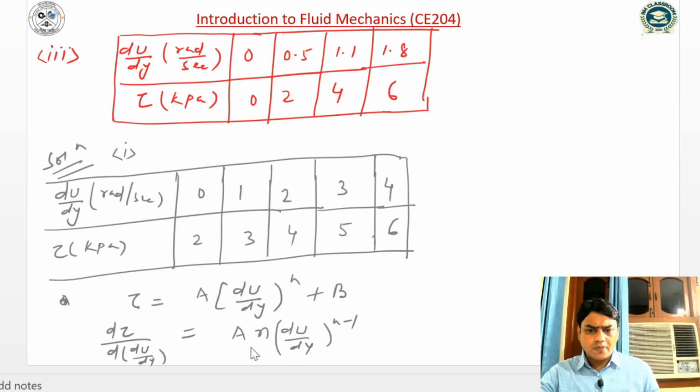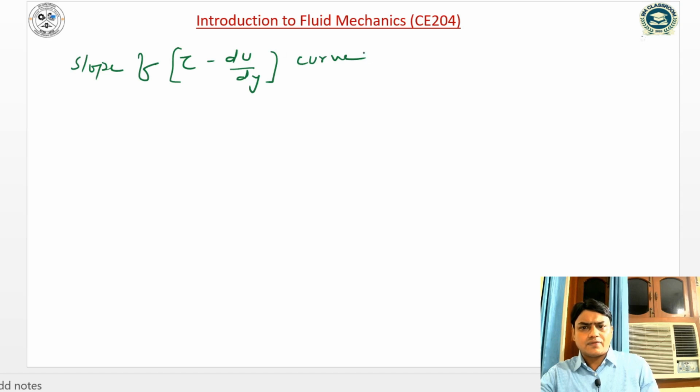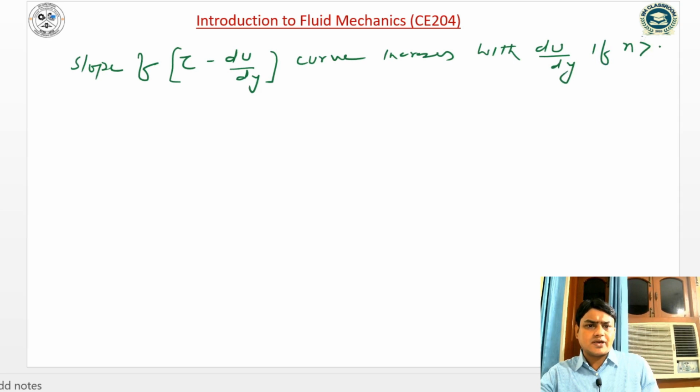This slope increases as du by dy increases if n is greater than 1, and it decreases if n is less than 1.